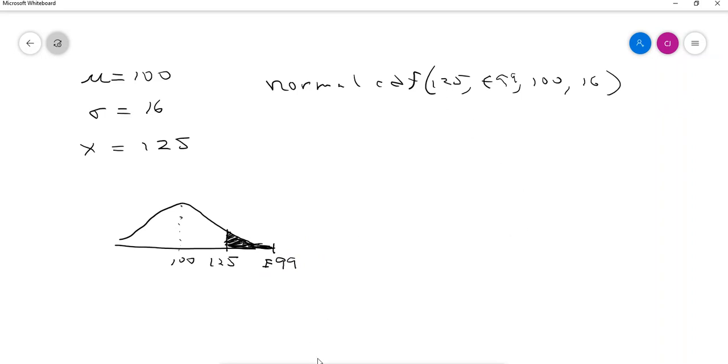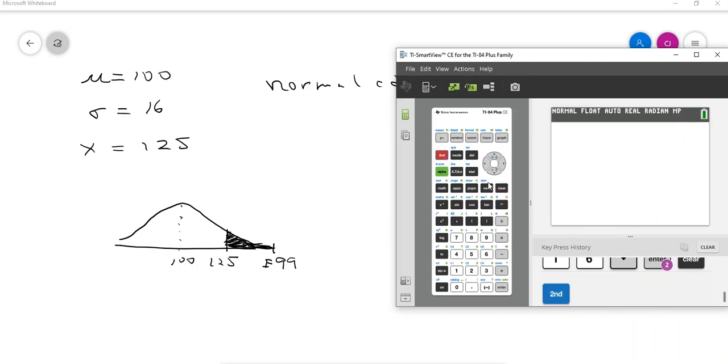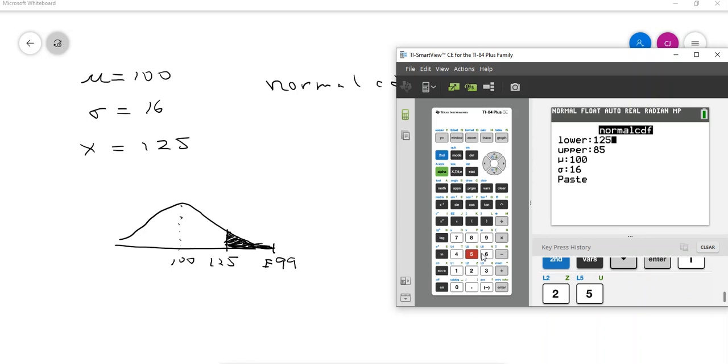So let's go ahead and plug it into the calculator, and let's clear this out and do second function, distribution, number 2, enter, and we're doing 125 to E99. And that's 100. And that's 16 again.